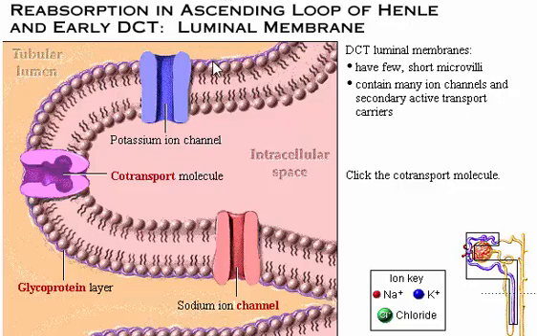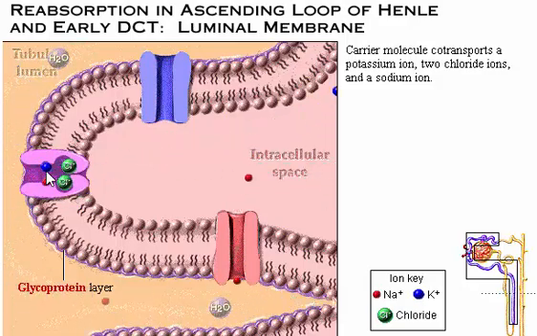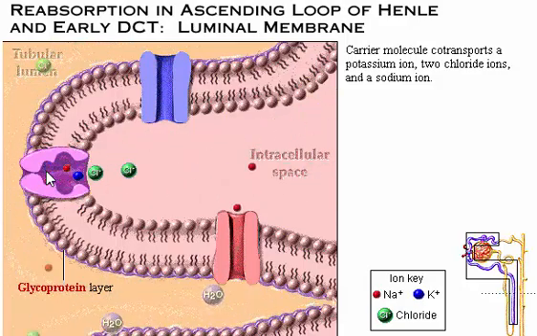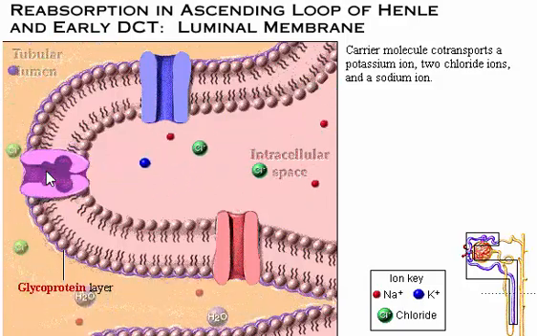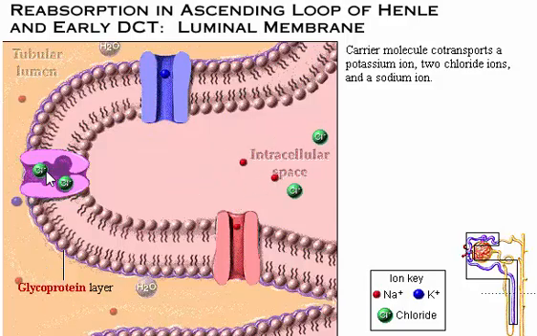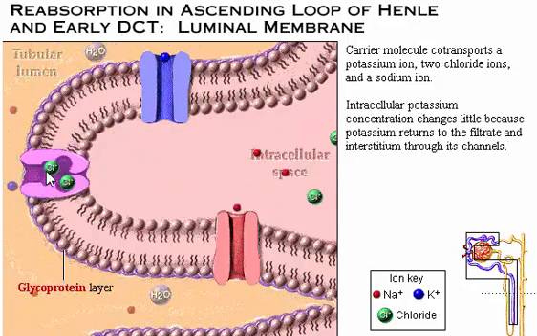Notice that the secondary active transport molecule is not the same carrier as the sodium glucose cotransporter in the PCT. Instead, this carrier molecule cotransports a potassium ion and 2 chloride ions. However, just as with the sodium glucose cotransporter, it is the sodium ion moving down its concentration gradient that drives this activity.